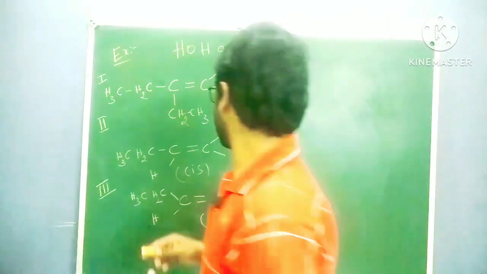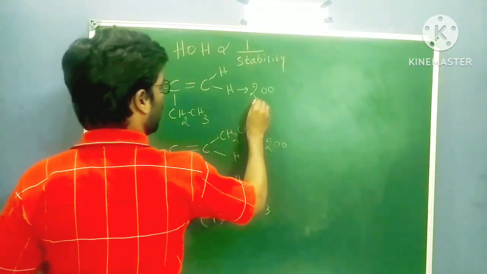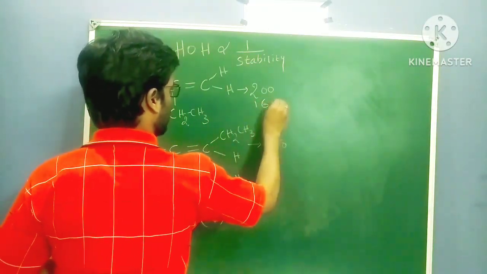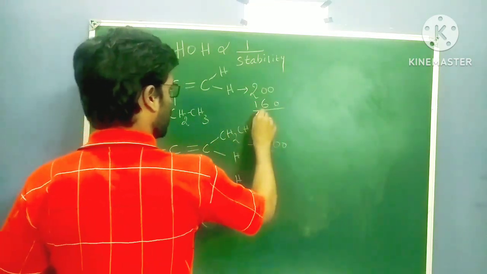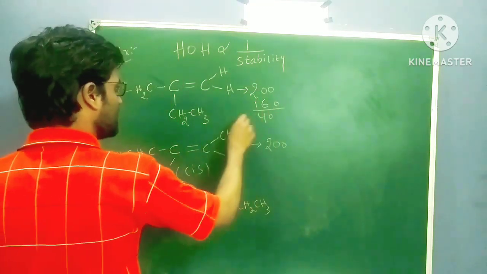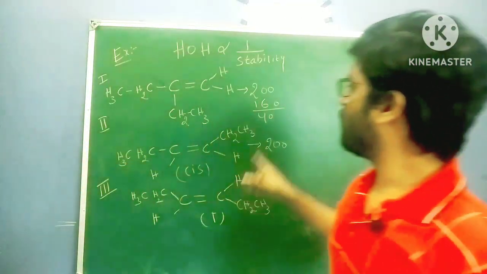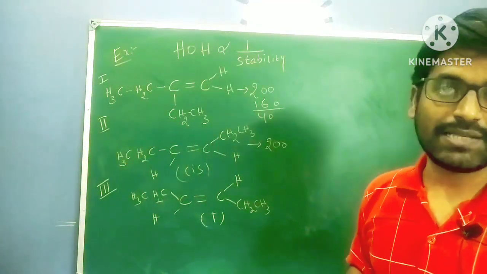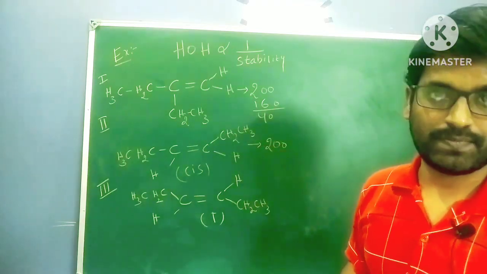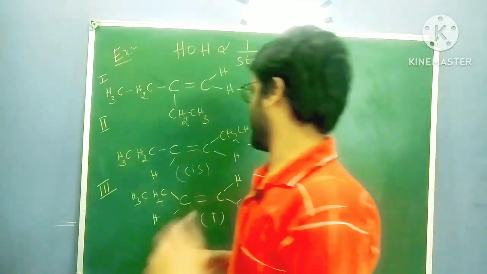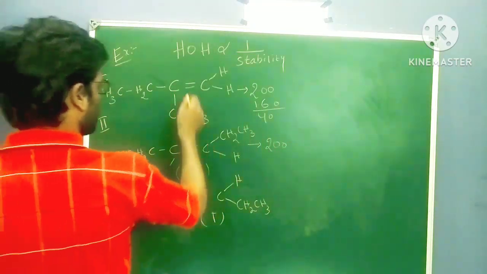Suppose it is taking 160 kilojoule per mole. The remaining energy, 200 minus 160, is 40, so it is releasing 40 kilojoule per mole. That means heat of hydrogenation for this molecule is 40 kilojoule per mole. So this one is more stable compared to the other.